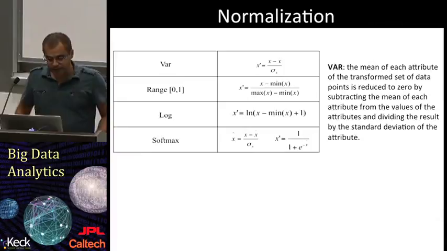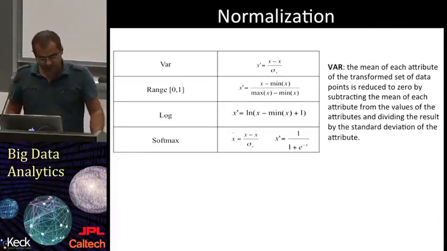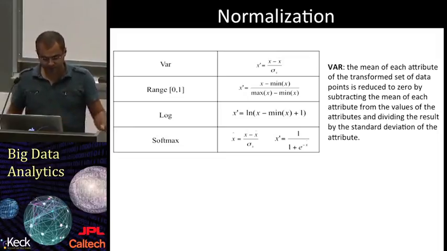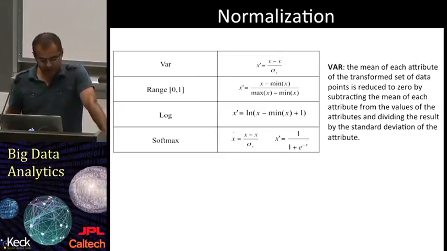Now, when dealing with distances, normalizing data is often crucial, because with normalization, we can adjust values measured on different scales to a common scale. There are many different types of normalization, like zero mean and variance 1, normalizing all the values in the 0-1 range, logarithmic and softmax normalization, and so on.